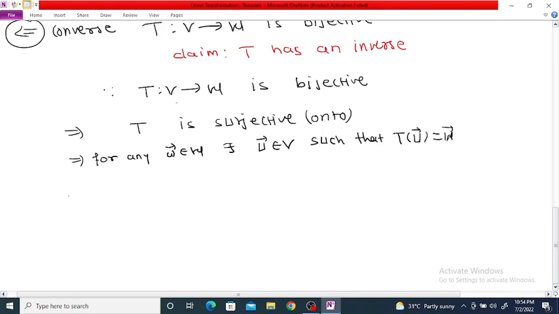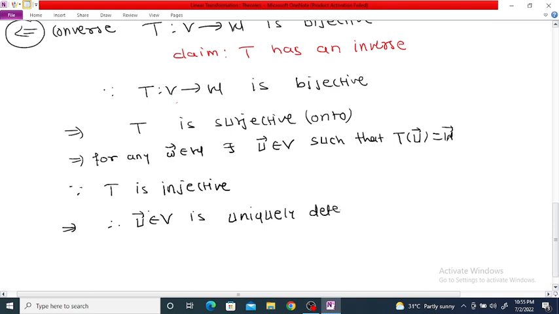And now since T is injective, this U bar belongs to V is uniquely determined by W bar belongs to W.